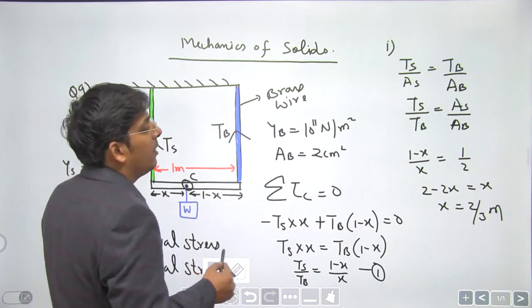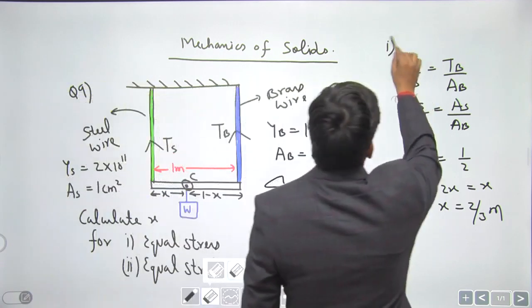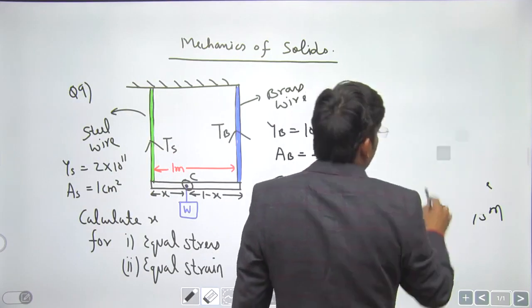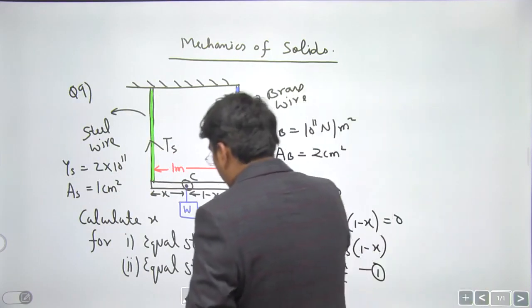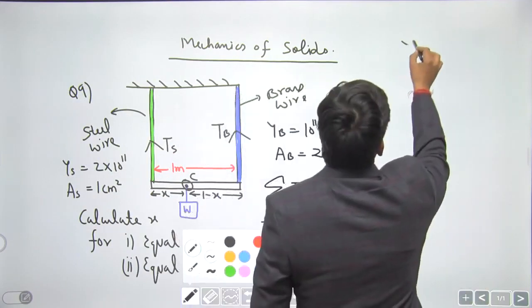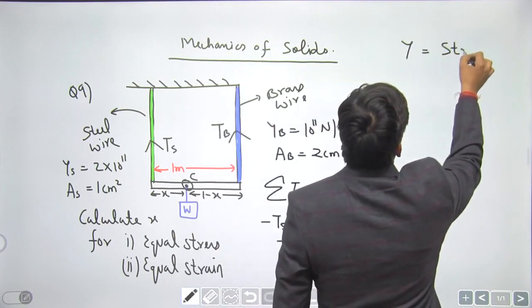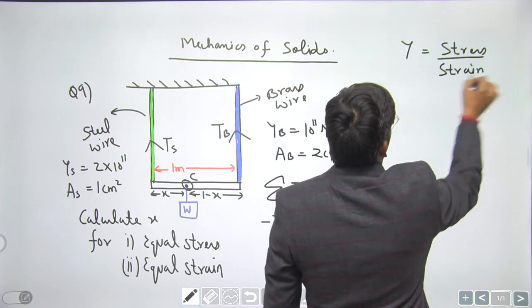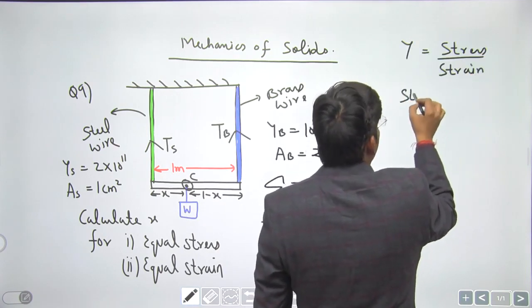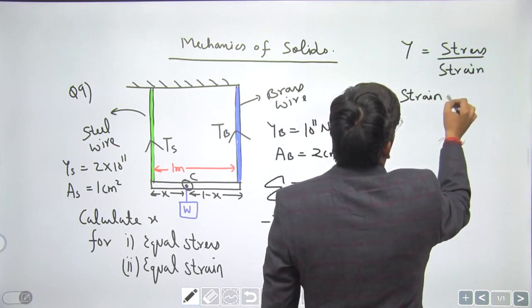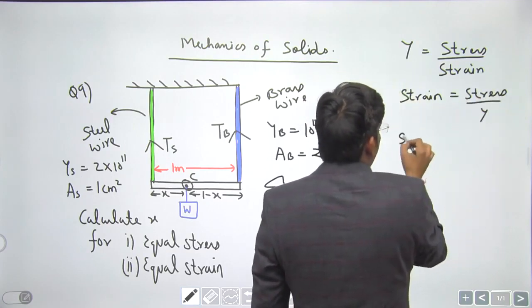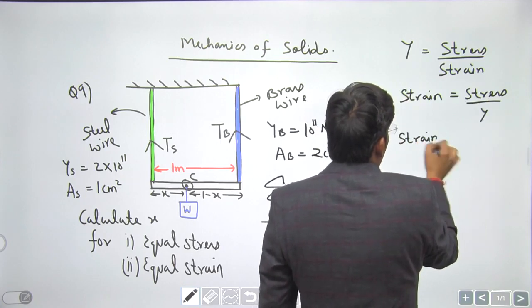Now, okay, after equal stress, we need equal strain, dear students. So Young's modulus is equal to stress divided by strain, right? And rather, strain is equal to stress divided by Young's modulus. We want strain in steel and brass to be equal.